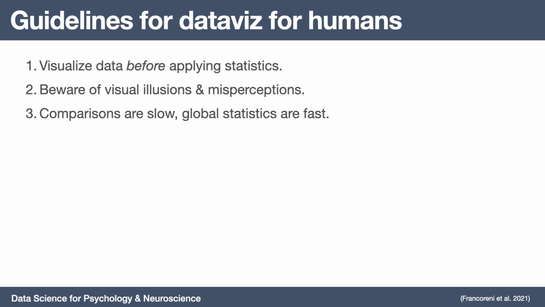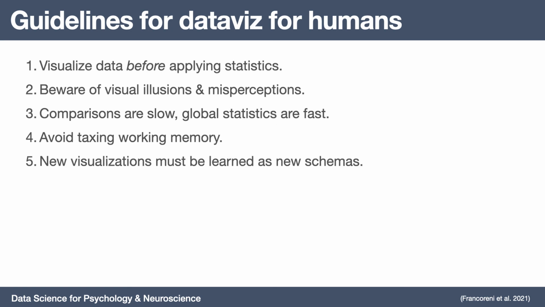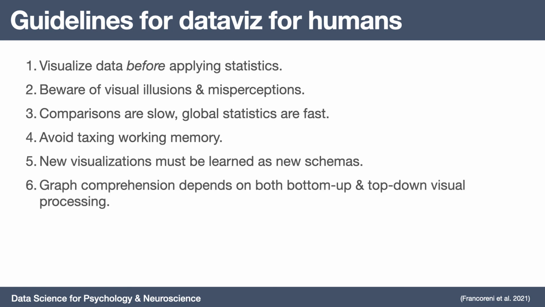Remember that comparisons are slow, but extracting global statistics from graphics is fast. Avoid taxing working memory. Remember that new visualizations, while they might be cool, must be learned as new graph schemas. People require some time to learn new graph styles.